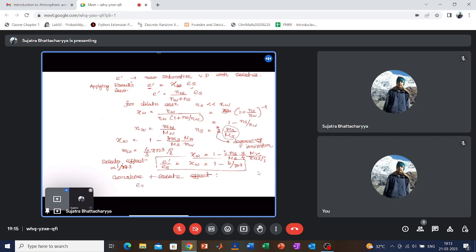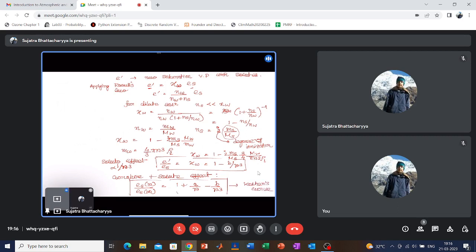So Es of R by Es of infinity will be equal to 1 plus A by R minus B by R cube. This is nothing but the Kohler curve that I will show in the next slide.